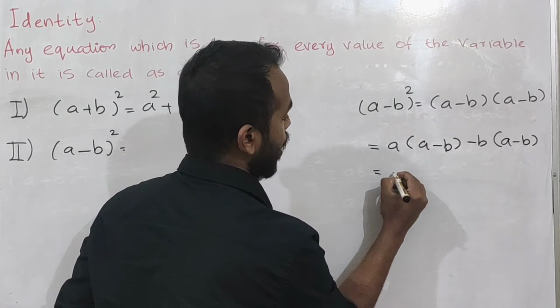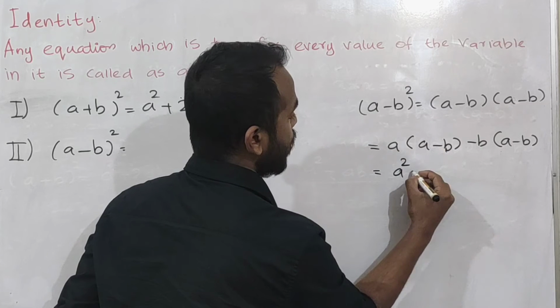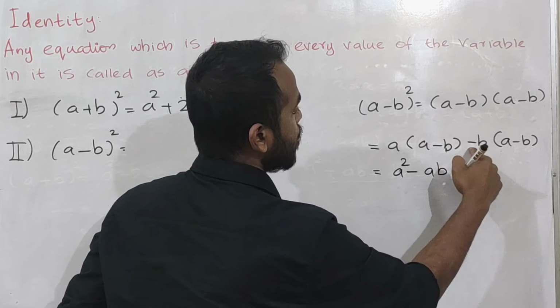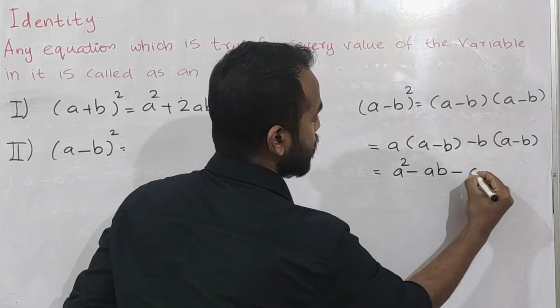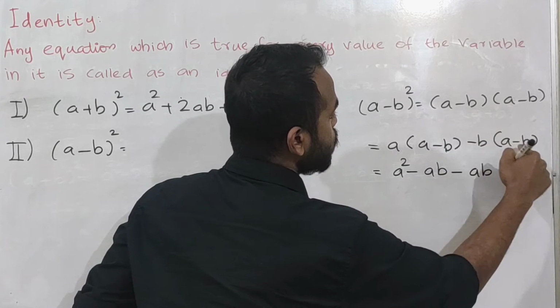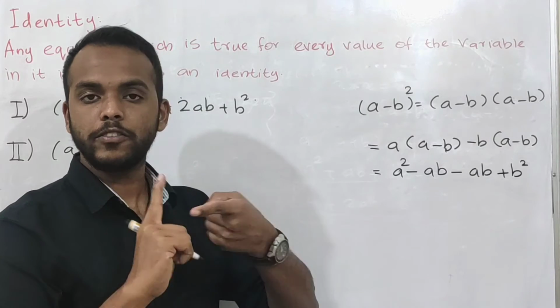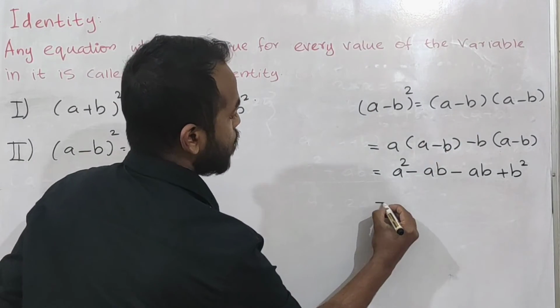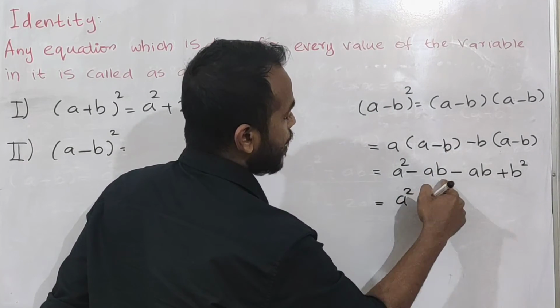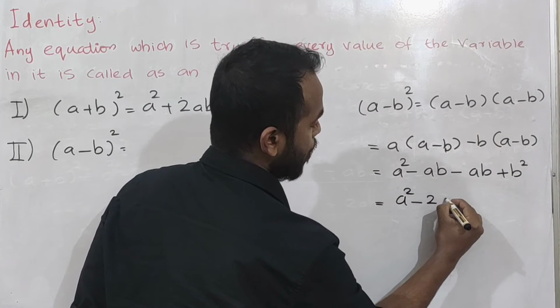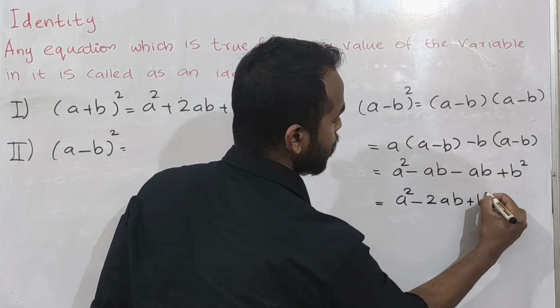So this is a into a, a square. a into minus b is minus ab. Then minus b into a is again minus ab. Then minus b into minus b is plus b square, because both negative terms become positive. So a square minus ab, minus ab again, that is minus 2ab, plus b square.